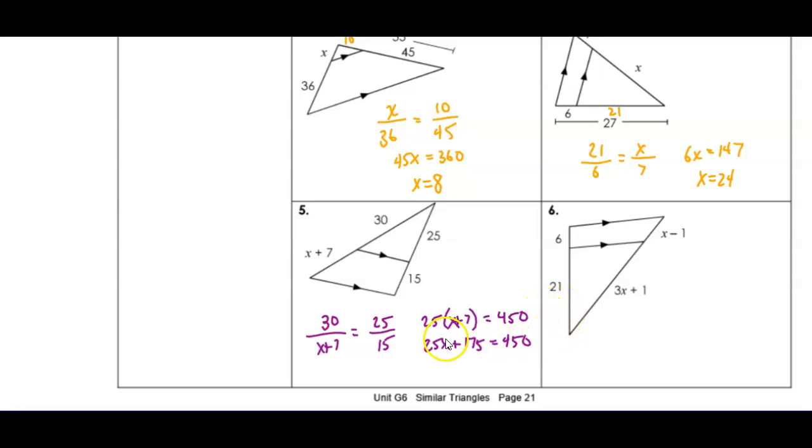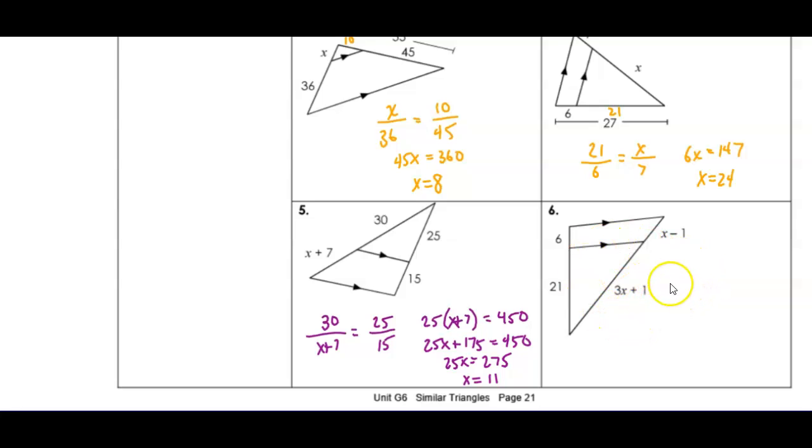And so then if I subtract 175, I have 25x equals 275. Divide by 25 now, and x comes out to 11. All right, so it's no different than the others. You just had a little bit of extra work to do within the multiplication.